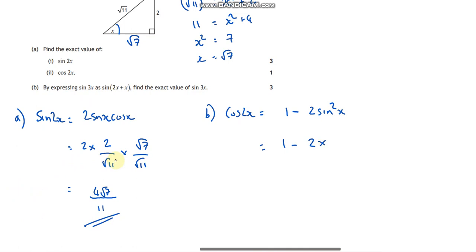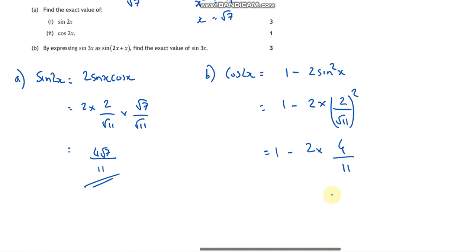So that's 1 take away 2 times 2 over root 11 all squared, which comes out as 4 over 11. So that's 1 take away 2 times 4 over 11, which is 8 over 11. And 1 is just 11 over 11. So 11 over 11 take away 8 11ths will give me 3 over 11.